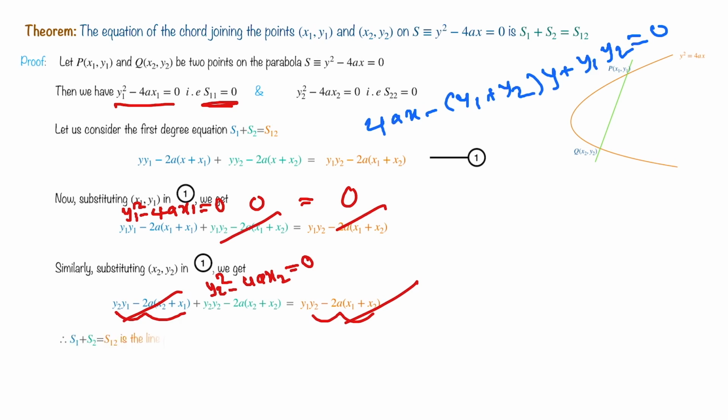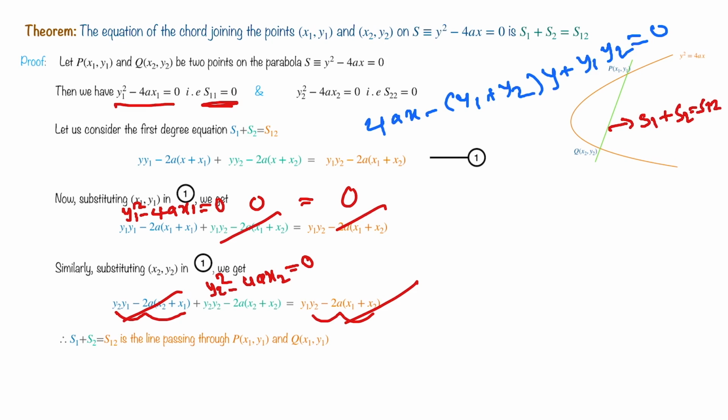So therefore, this S1 plus S2 equal to S12 is the line passing through the points x1, y1 and x2, y2. So this line can be represented in terms of S like this: S1 plus S2 equal to S12.